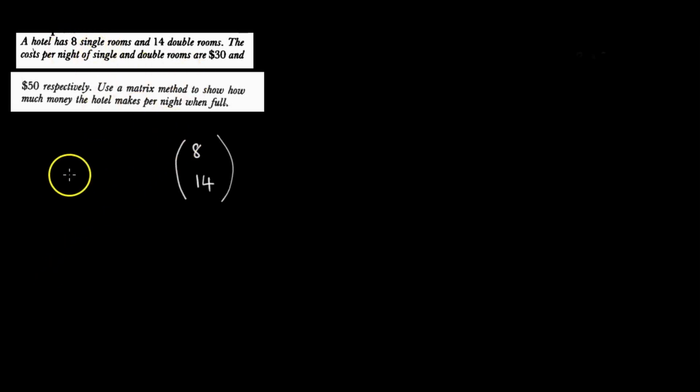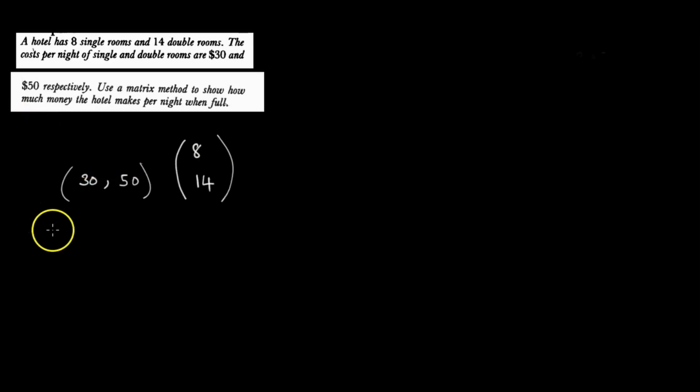So a single room costs $30, a double room costs $50. We write this as a row matrix. We have written the number of rooms, both single and double, as a column matrix, and the amounts as a row matrix.